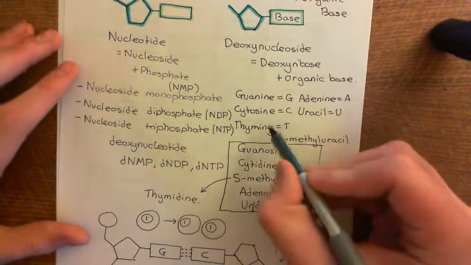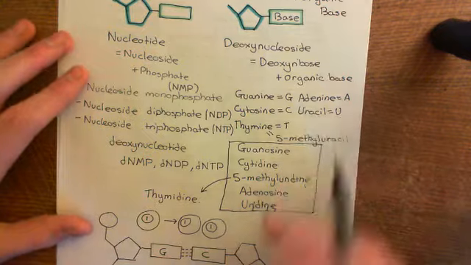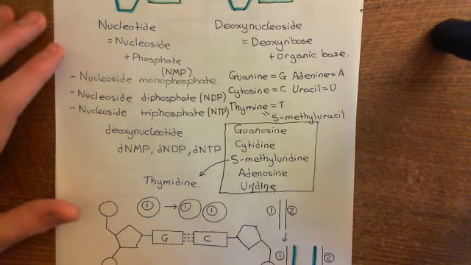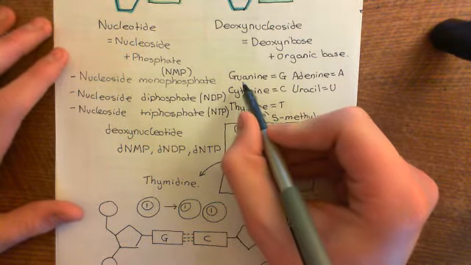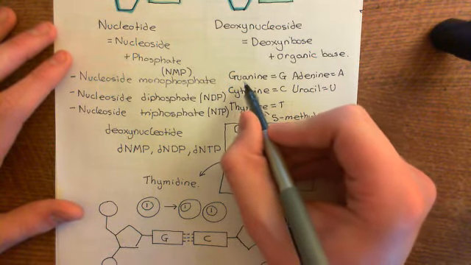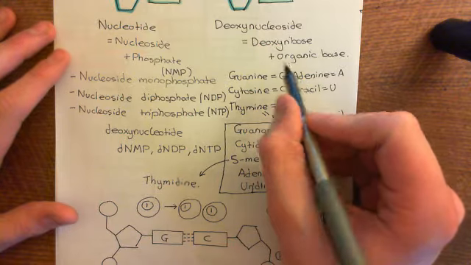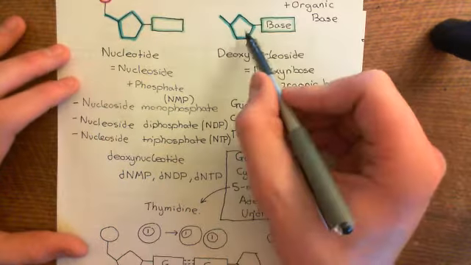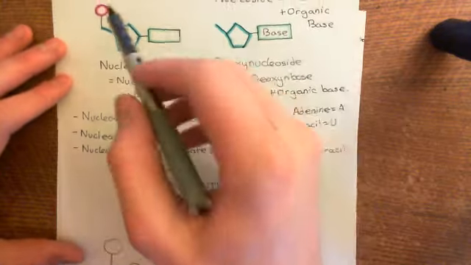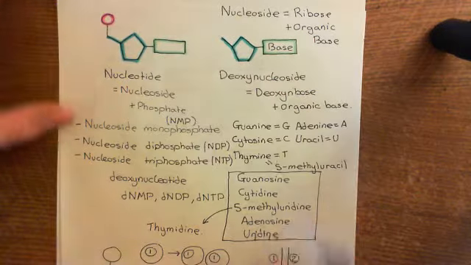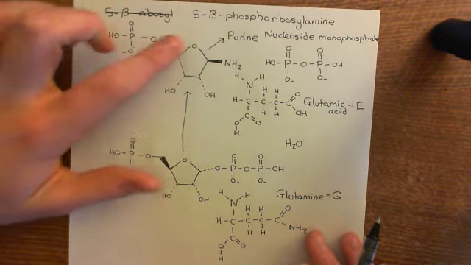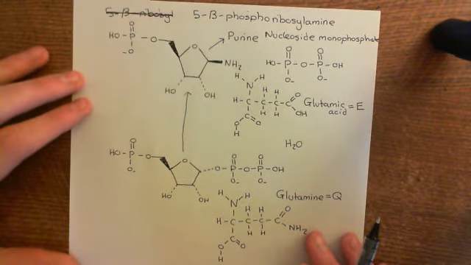Whilst the others, cytosine, thymine, and uracil, those are considered pyrimidines because they only have pyrimidine rings within their structures. So, in order to produce the guanine and adenine nucleoside monophosphate, which remember means ribose bound to those organic bases, bound to phosphate groups, you require the synthesis of this molecule 5-beta phosphoribosylamine.